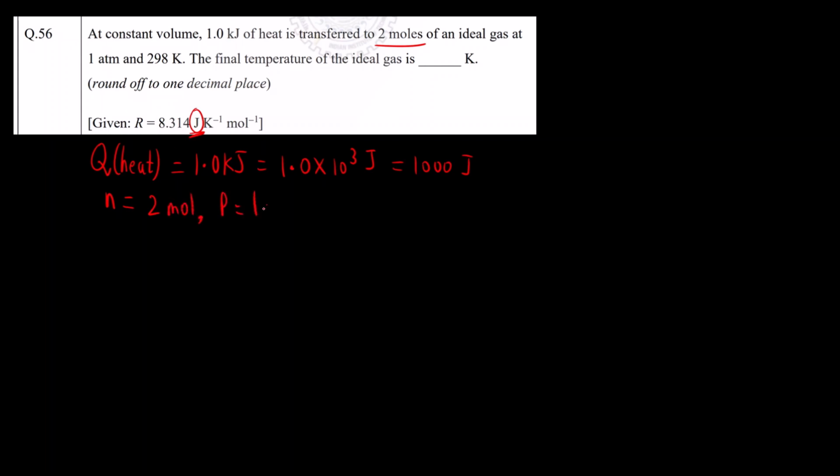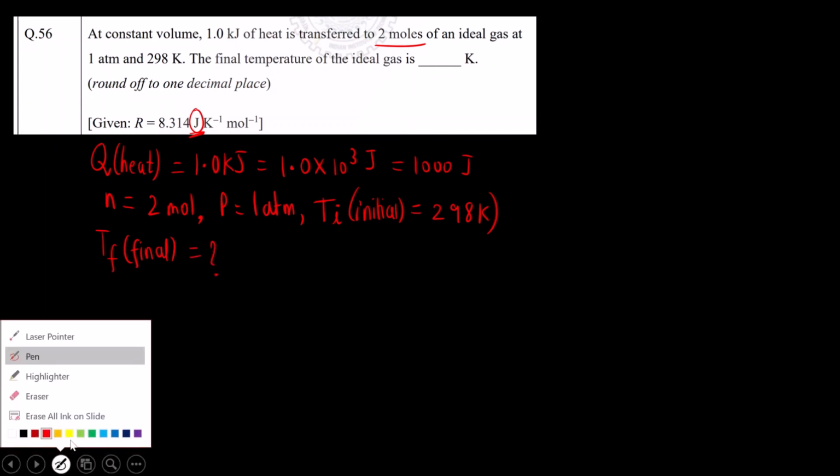Pressure is 1 atmosphere, and the initial temperature Ti is 298 Kelvin. What we have to find out is TF, the final temperature.